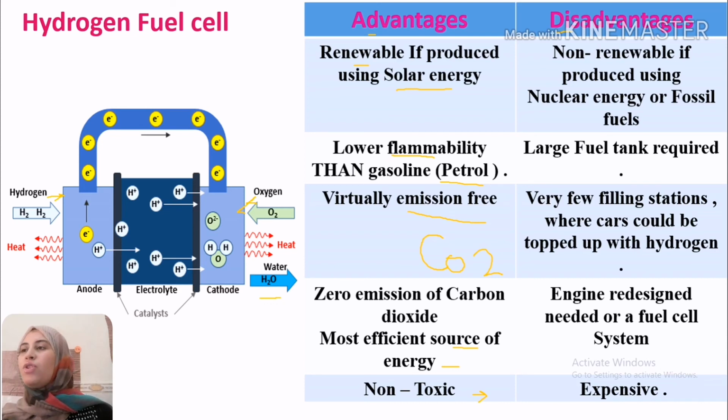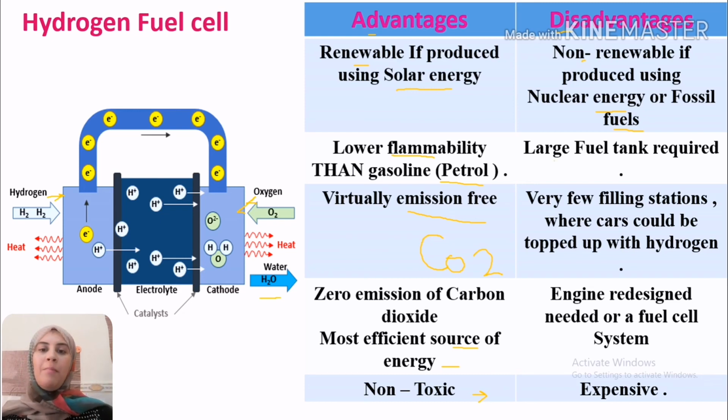Disadvantages of the hydrogen fuel cell. At first, it is non-renewable if we use nuclear energy or fossil fuels. If we use a non-renewable resource of energy, the hydrogen fuel cell will be a non-renewable resource of energy. It will need a large fuel tank.